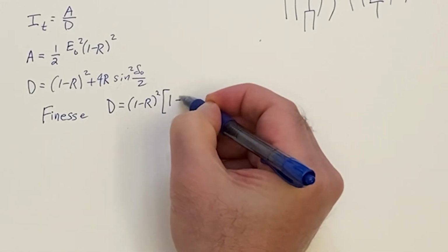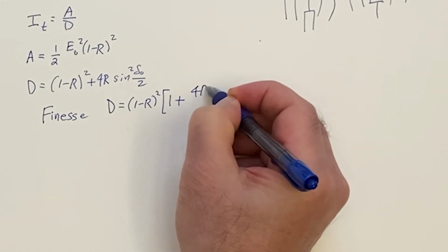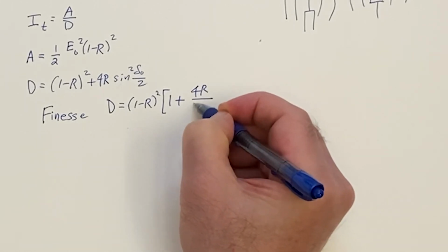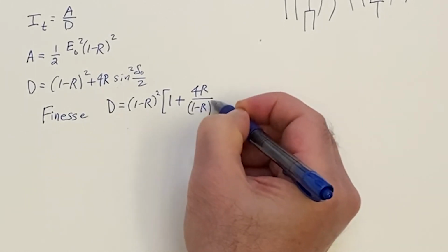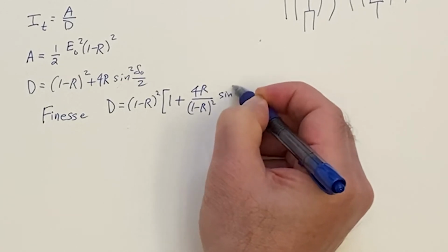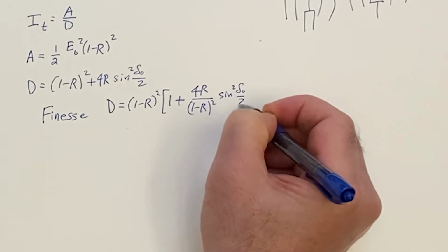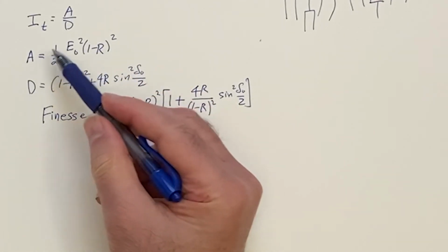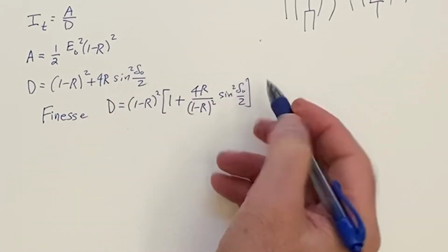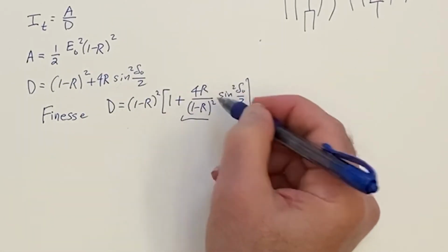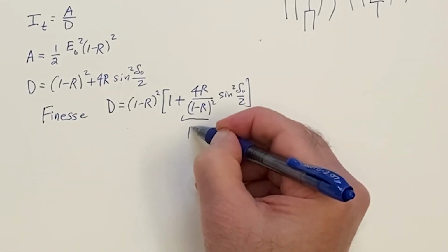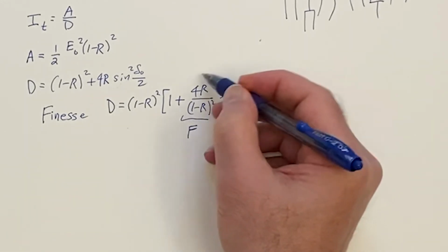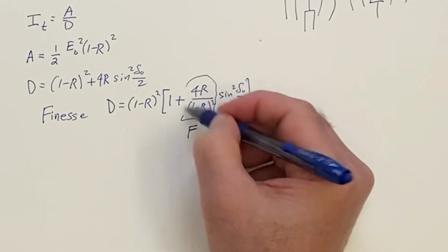Then we have 1 plus 4R over 1 minus R quantity squared. And the reason why we're doing that is because we want to cancel. We're going to be dividing A by D, and that's going to cancel. And this part here is called the coefficient of finesse.